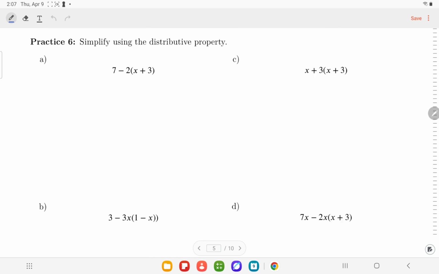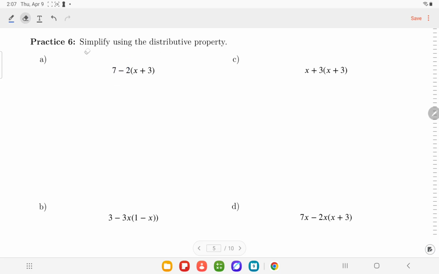An important thing to note is that when you have a negative number in front of a bracket, you have to make sure that you multiply the negative number by x and the negative number by 3. You can't just multiply 2 by x and 2 by 3. You have to make sure that you carry the negative as well.